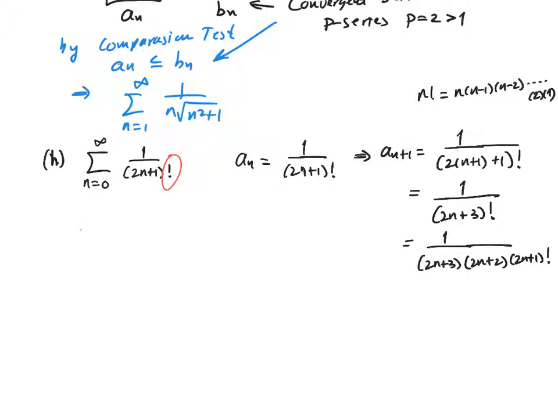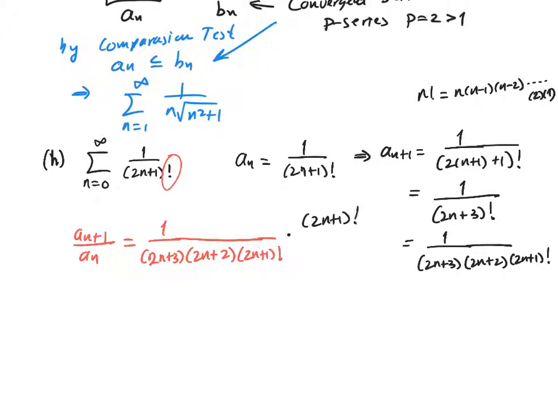So hence the ratio is equal to 1 over (2n plus 3) times (2n plus 2), times (2n plus 1) factorial, times (2n plus 1) factorial over 1. So this will cancel down. Then take the limit.